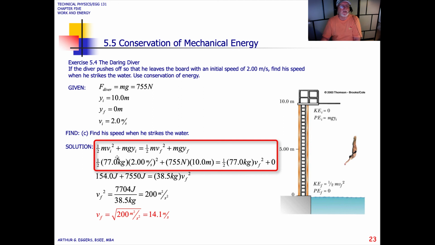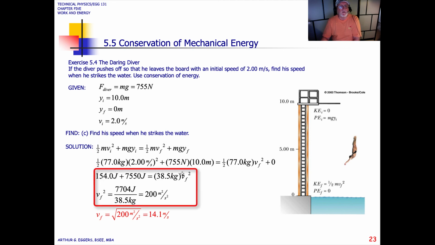Okay, so that's our relationship on the left side. Since we're not starting with 0, we have the same 755 as our newtons, 10 meters, and again 77 kilograms, because that was our guy. That was his mass.